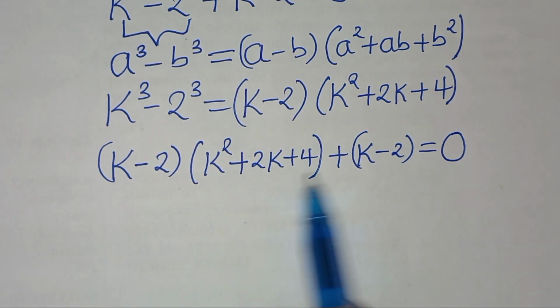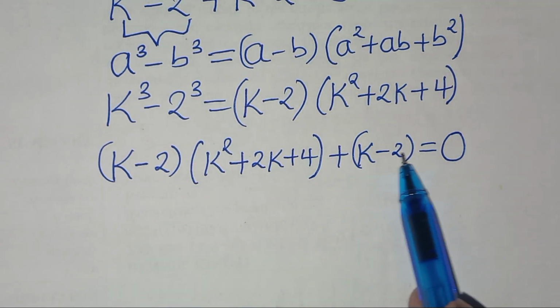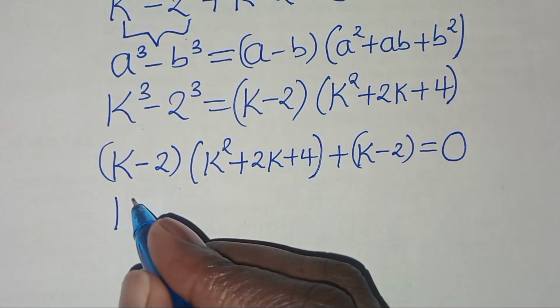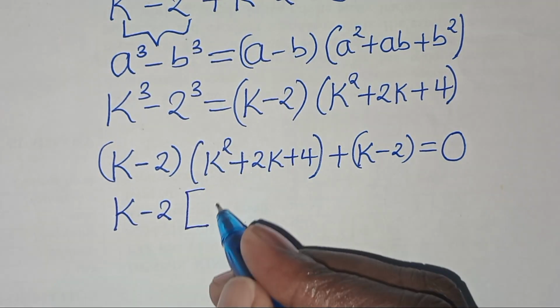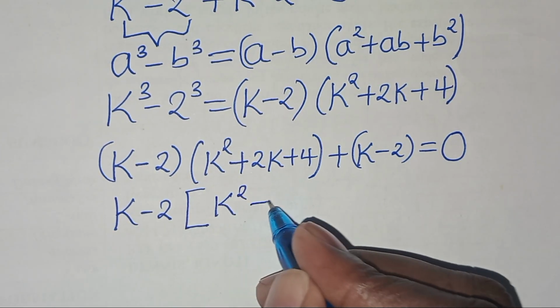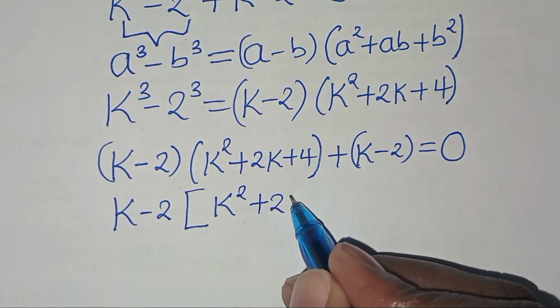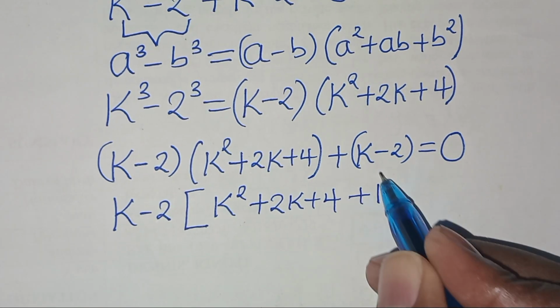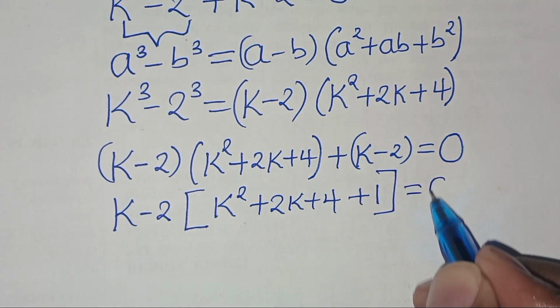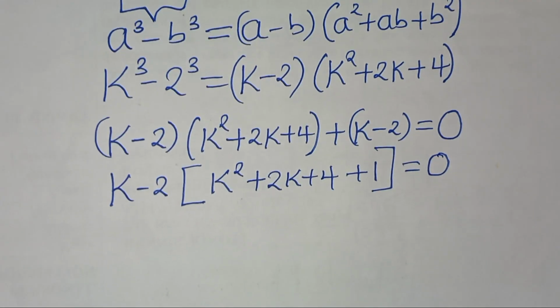The next step: k minus 2 is common, so let's factor out k minus 2. Now we have k squared plus 2k plus 4, then plus 1, close the bracket, equal to 0.